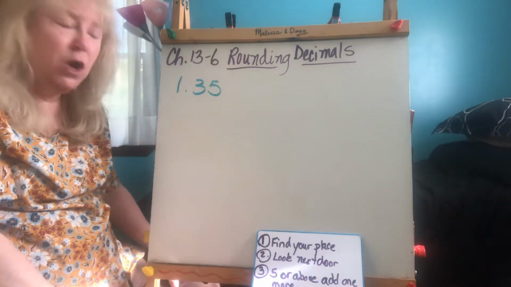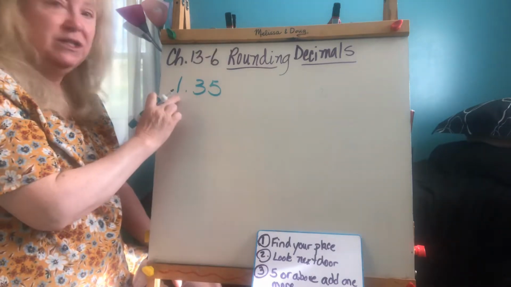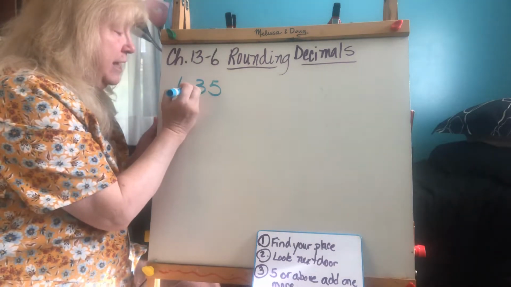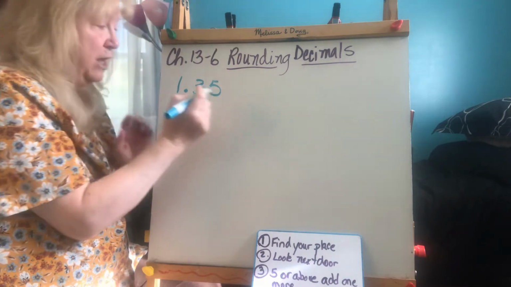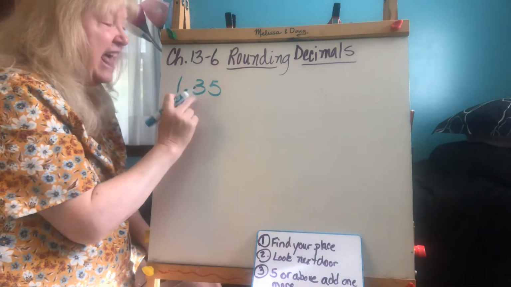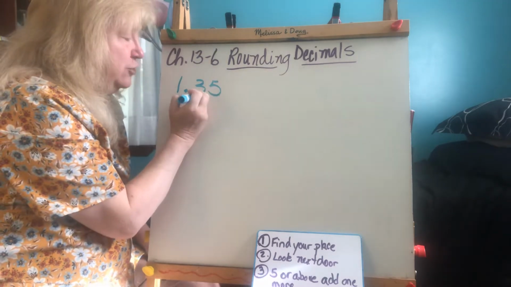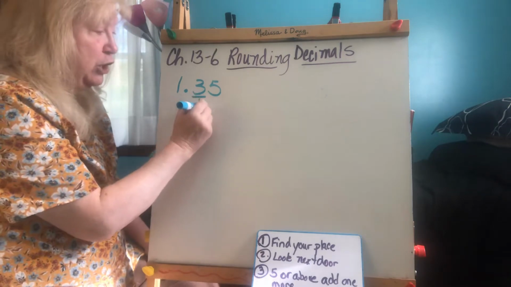Which one of those is in the tenths place? Well, this is the ones, and remember the decimal point here separates the whole numbers from the decimal parts. So, ones, tenths, hundredths. So, find your place. Step 2, look next door.